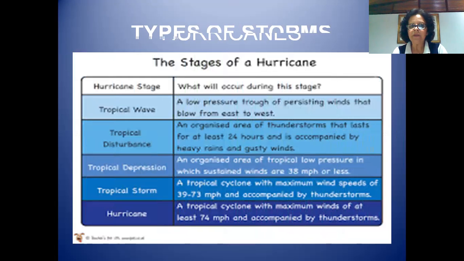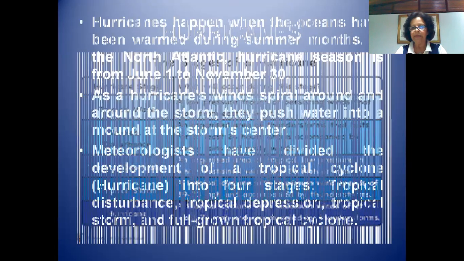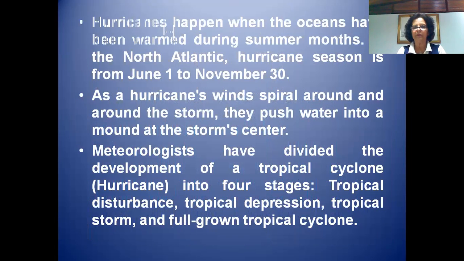The stages of the hurricane, again: first, we have the tropical wave, which is a low pressure trough of persistent winds from east to west. Then we have tropical disturbance, tropical depression, tropical storm, and finally a hurricane, which is an already organized body of rain, clouds and water.